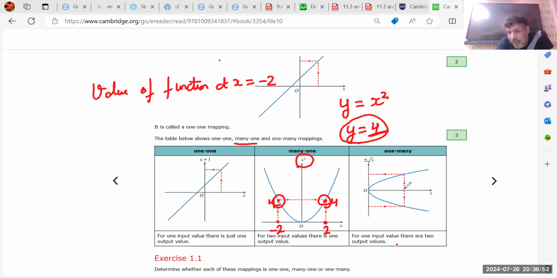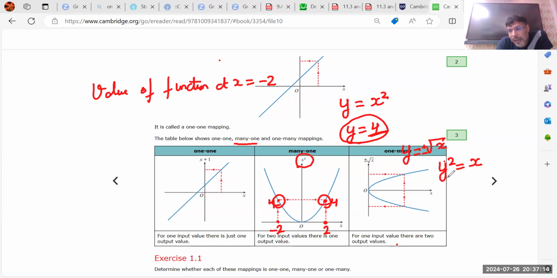And then we have the third. This is y equal to plus minus root x, so y square equal to x.